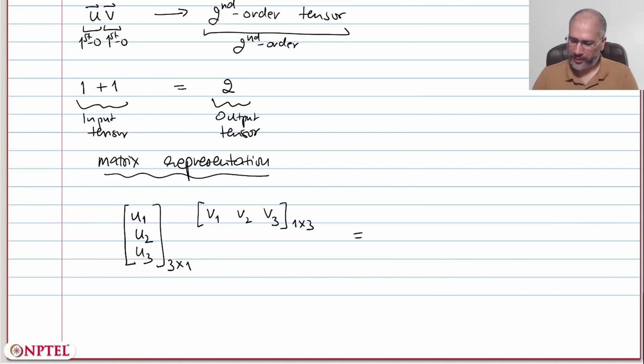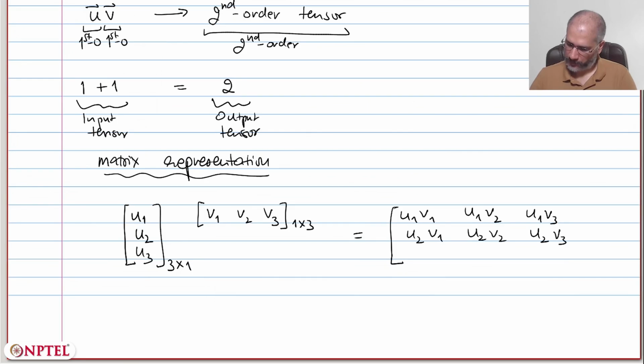So when you multiply a 3 by 1 matrix with a 1 by 3 matrix, you will get a 3 by 3 matrix. So you have U1 V1, U1 V2, U1 V3, and so on. Right, and this agrees with the 9 terms that we had.